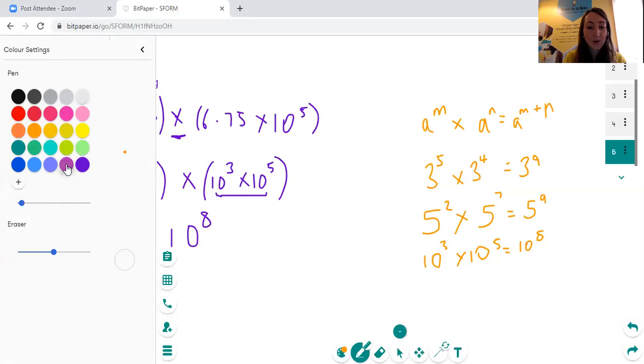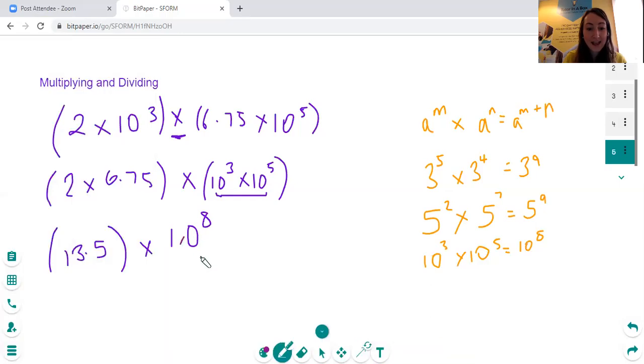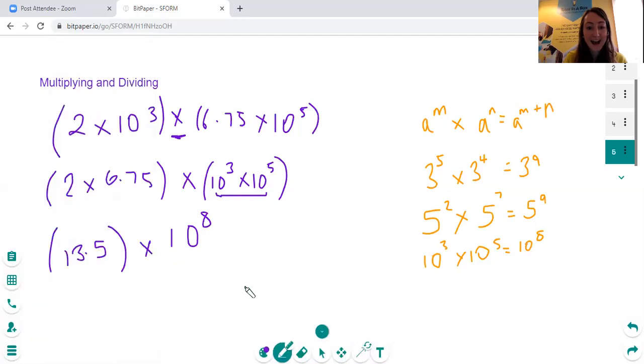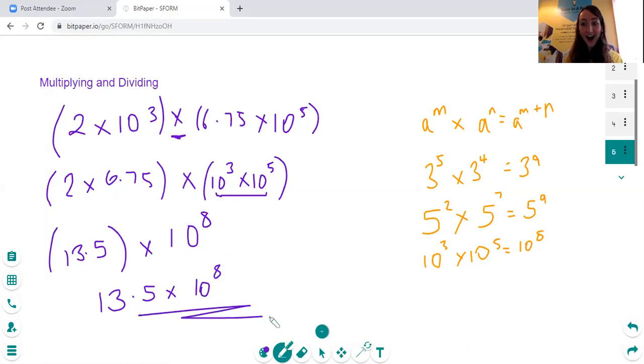Okay, so looking back here, when we're looking at that 10 to the power of 8, that is how we got our 10 to the power of 8. We added those powers together. Okay, so that gives us a final answer of 13.5 times 10 to the power of 8. Voila! That's not too bad at all, was it?